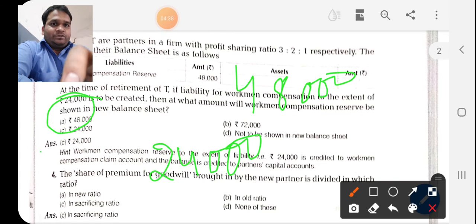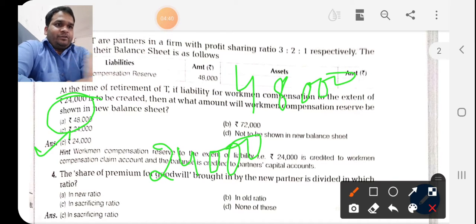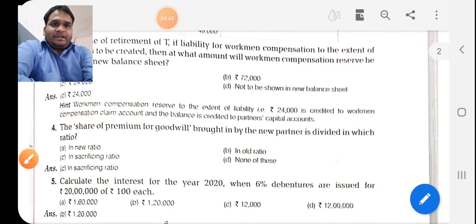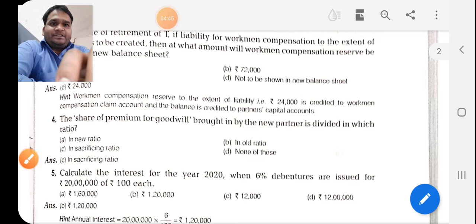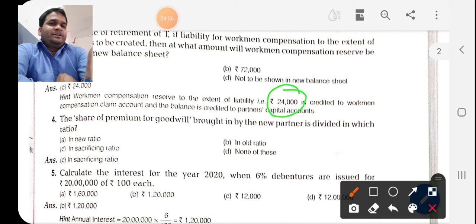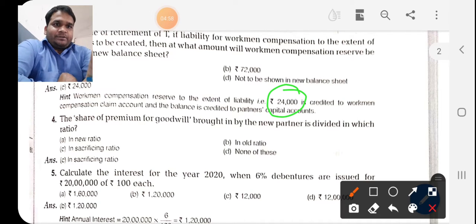So your answer will be 24,000. I hope this point is clear to you. The hint is also given to you: workman compensation reserve to the extent of liability is 24,000. That is to be created for the compensation claim, because the claim has occurred for 24,000. So the balance that will be shown is rupees 24,000.